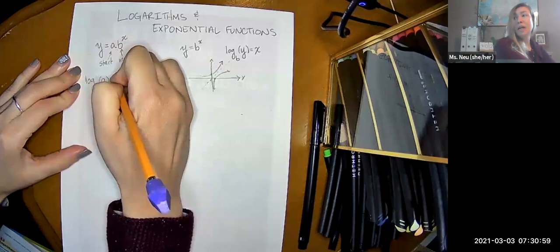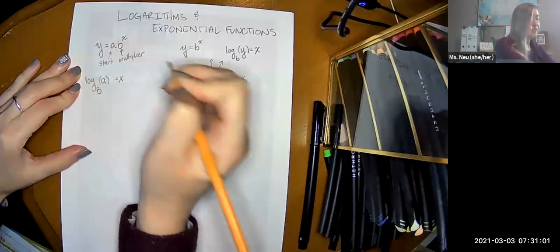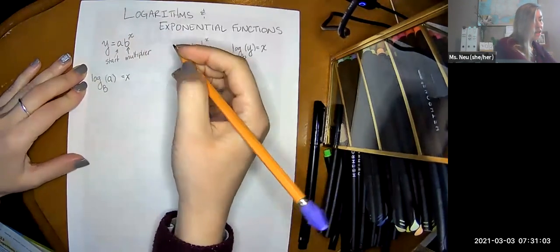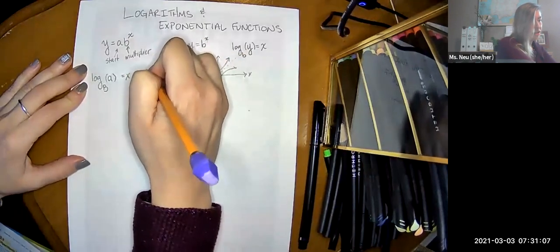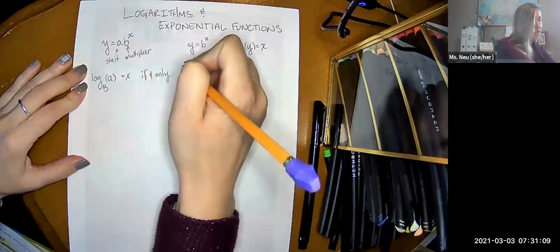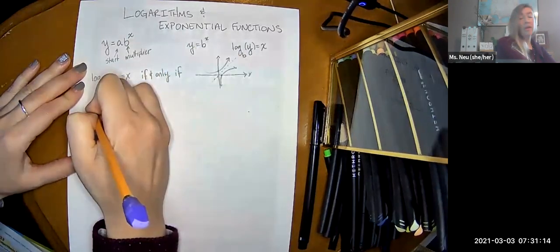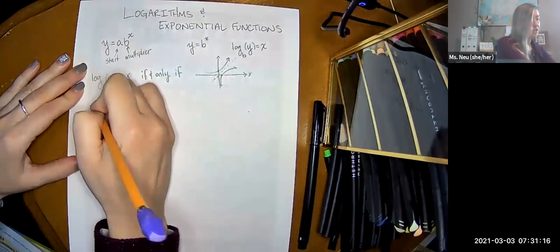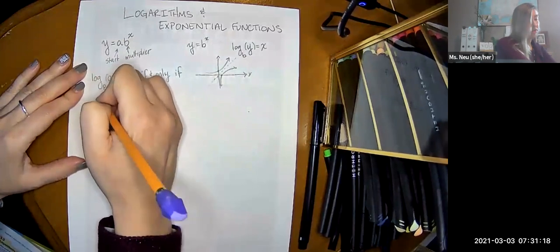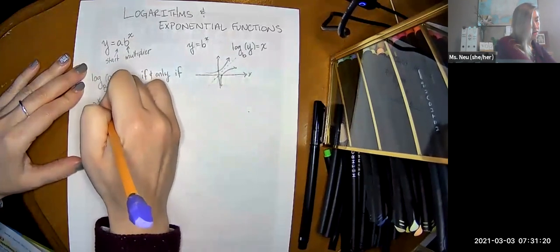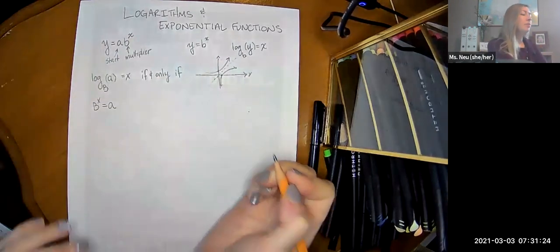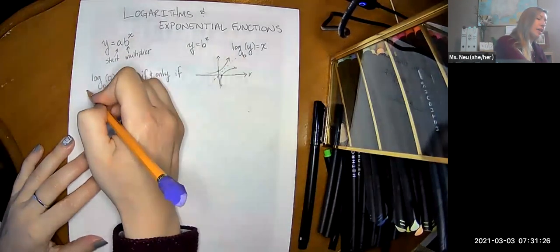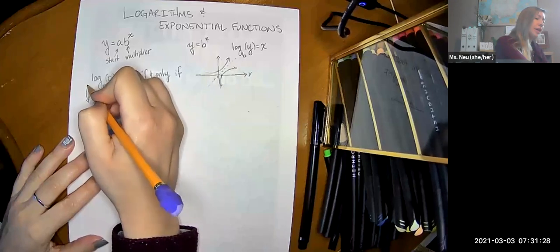Log base b of a equals x if and only if b to the x equals a. Okay. So basically what's happening is this thing is getting rewritten to look like this.